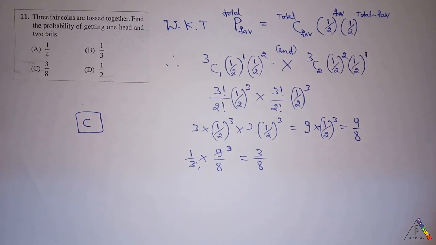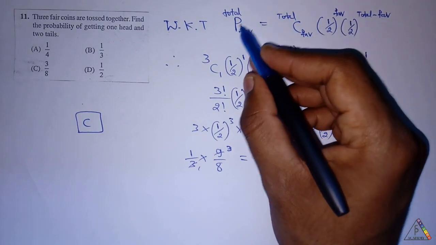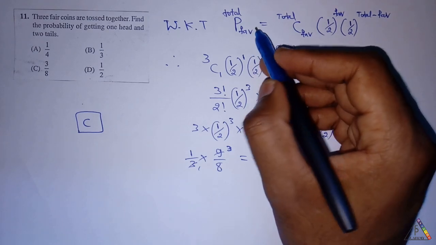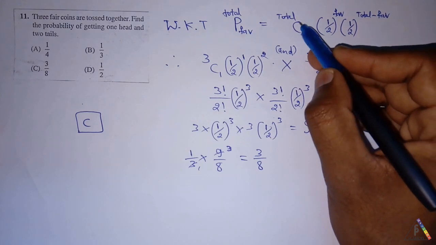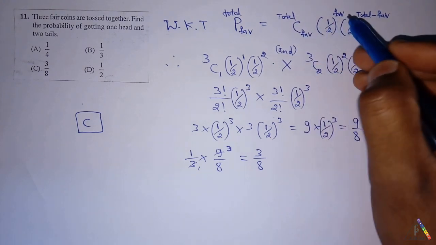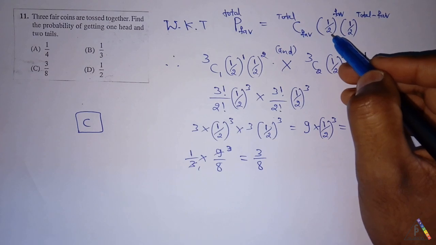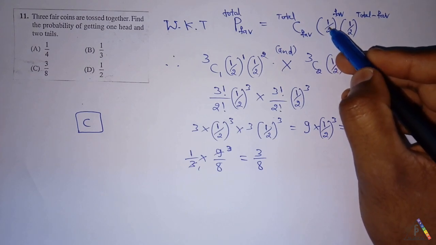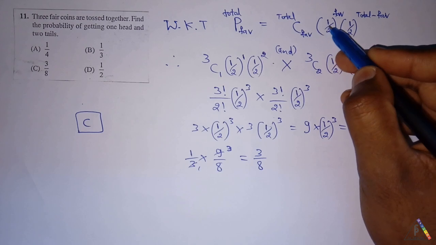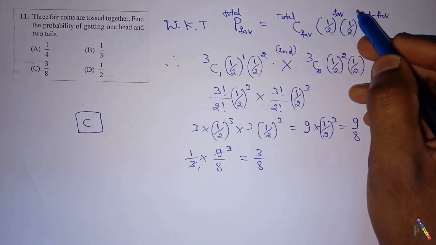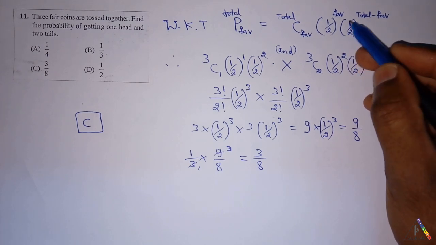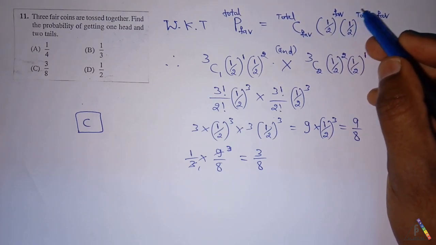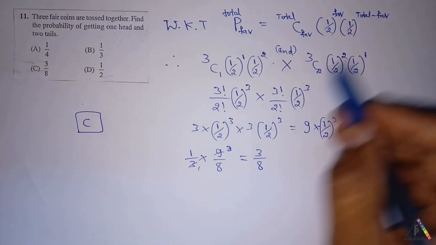We know that from the probability distribution, the probability of favorable over total is equal to the combination of total with favorable, times the favorable base states, half to the power of favorable, into the unfavorable base states, half to the power of total minus favorable.